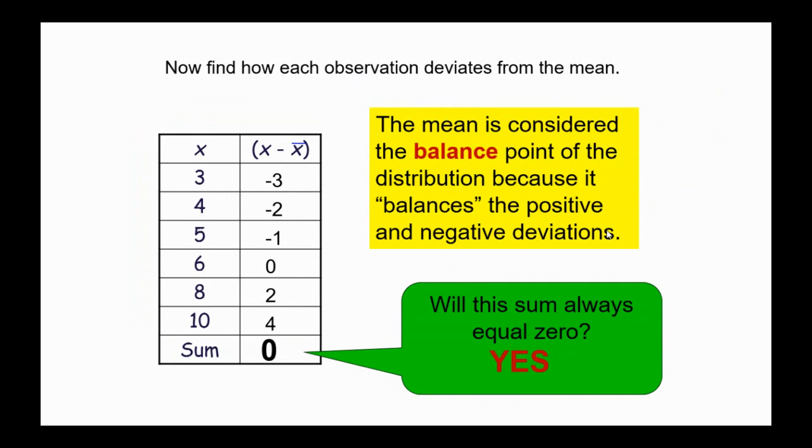Think back to like algebra 2. What's something that's always positive? Well, if I go through and square them all, what's negative 3 squared? 9. Negative 2 squared? Negative 1 squared? There went my negatives.